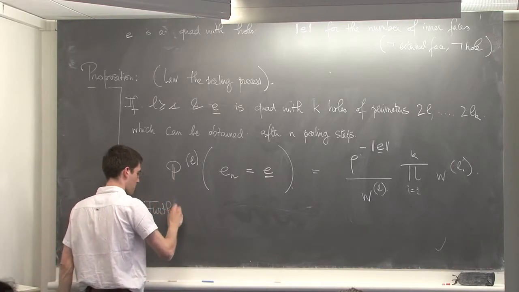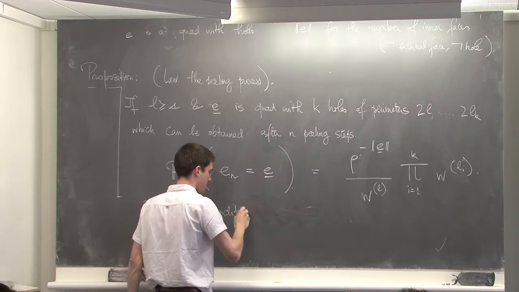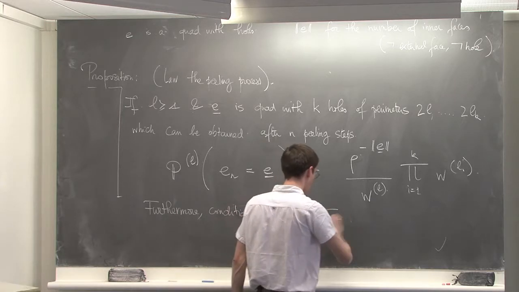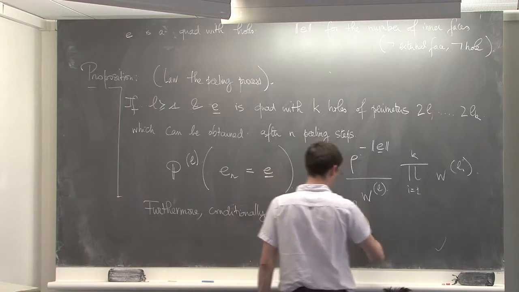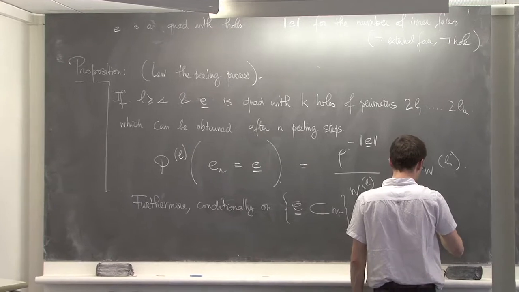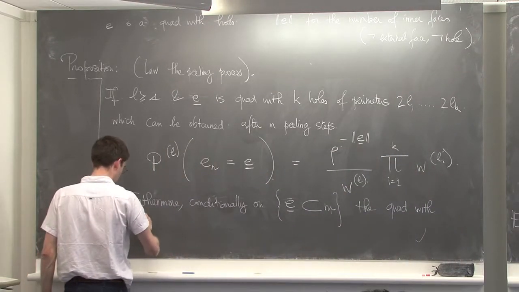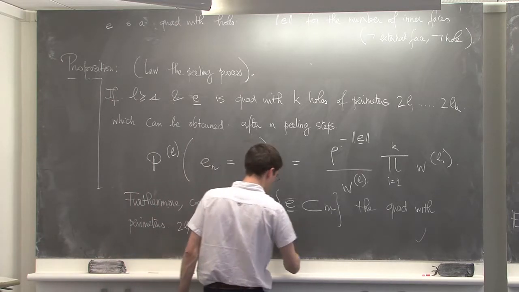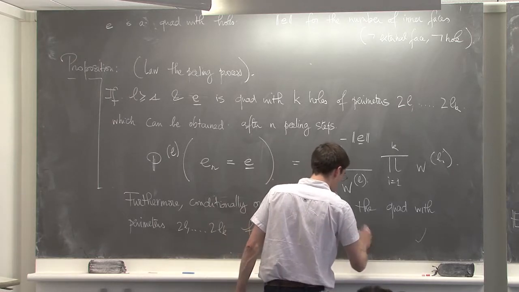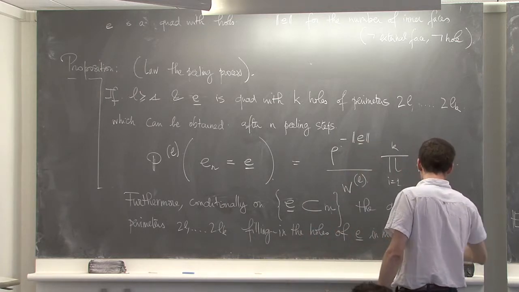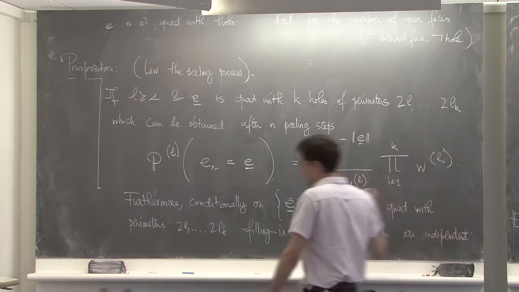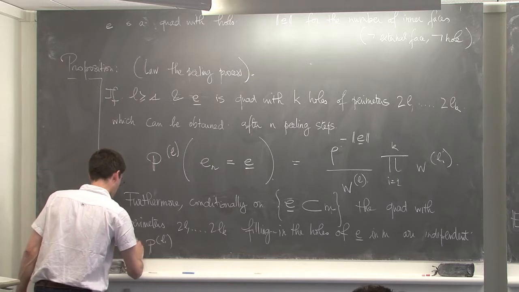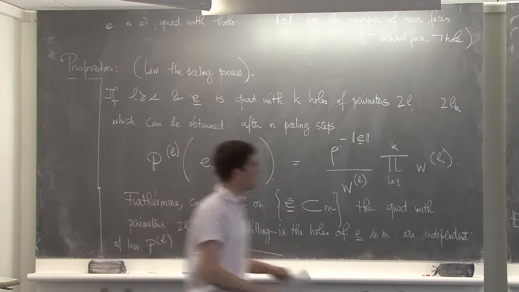Furthermore, conditionally on E being the submap of M, the quadrangulation with perimeters 2L1 up to 2LK, the maps filling in the holes of E in M are independent Boltzmann distributed of law.